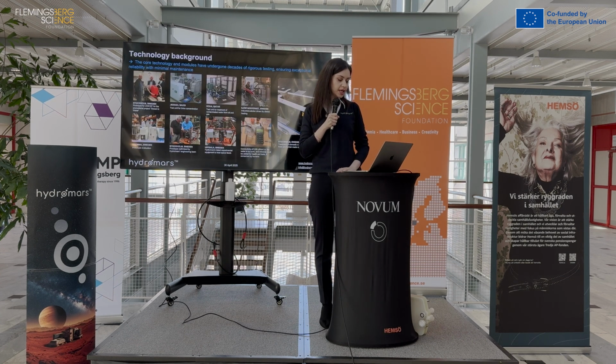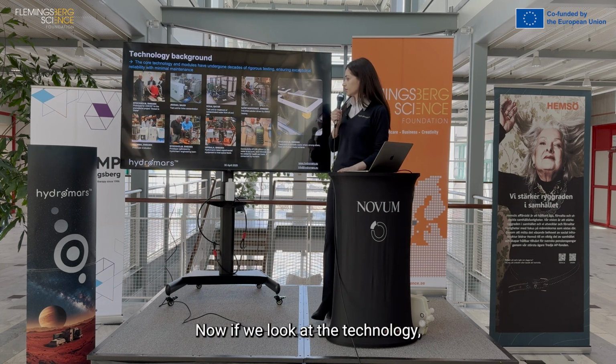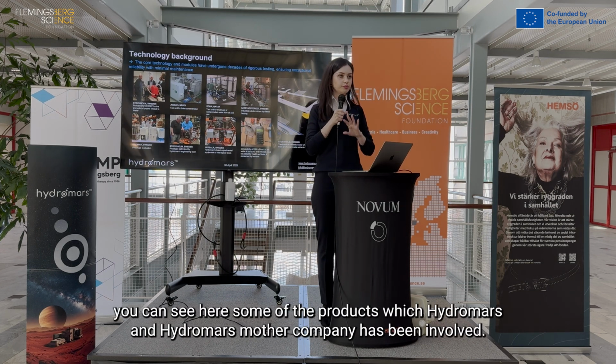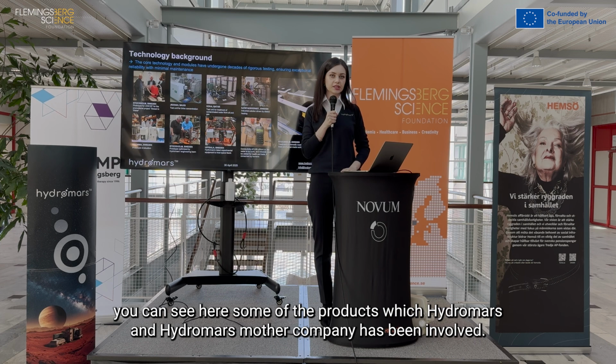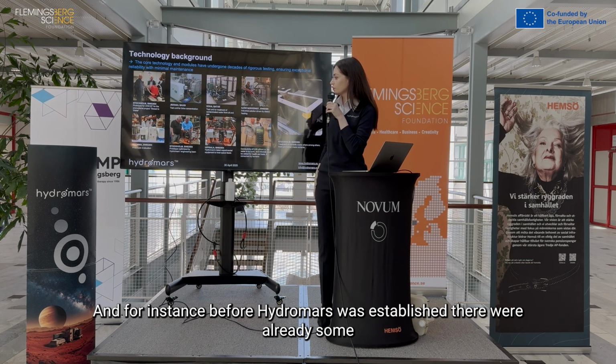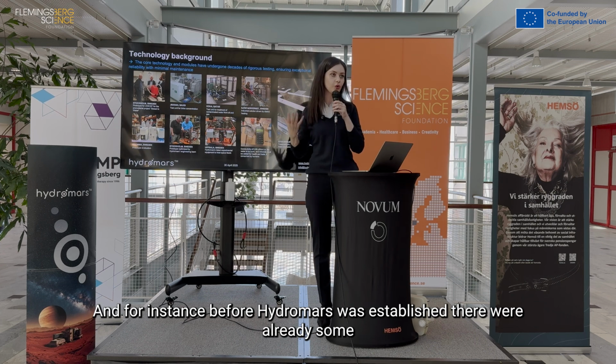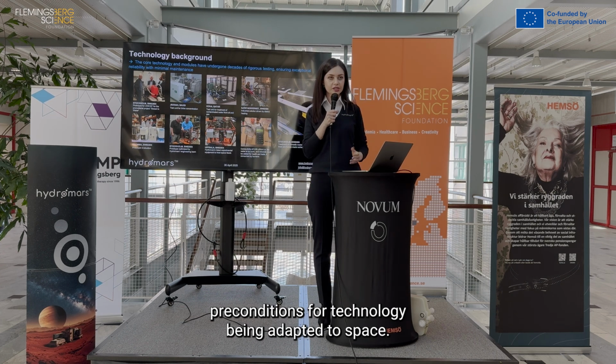Now, if we look at the technology, you can see here some of the products in which Hydromars and Hydromars' mother company have been involved. Before Hydromars was established, there were already some preconditions for the technology being adapted to space.